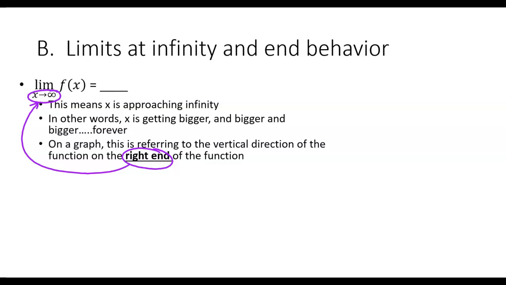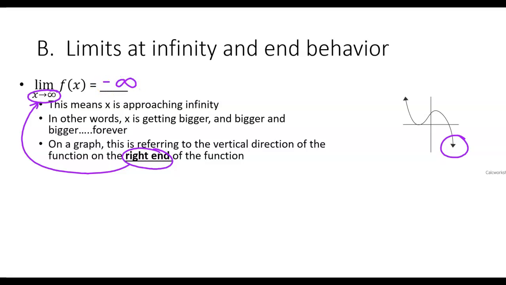Okay? Now the answer is the y value. So let me give you guys a picture of a graph here. I'm going to circle the right side of this graph. What seems to be happening with the y? Is it going down or up over there on the right side? It's going down, and it's going down forever. So I'm going to put negative infinity here.